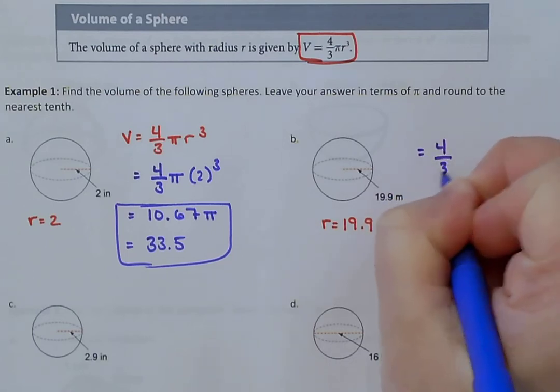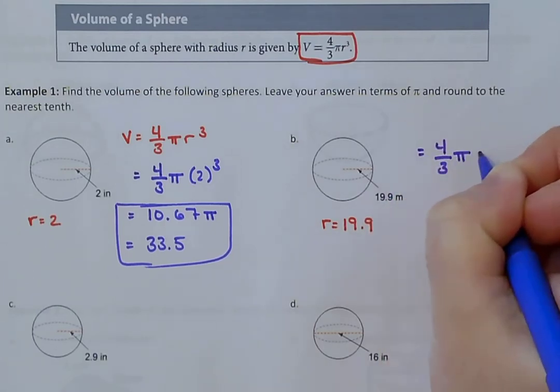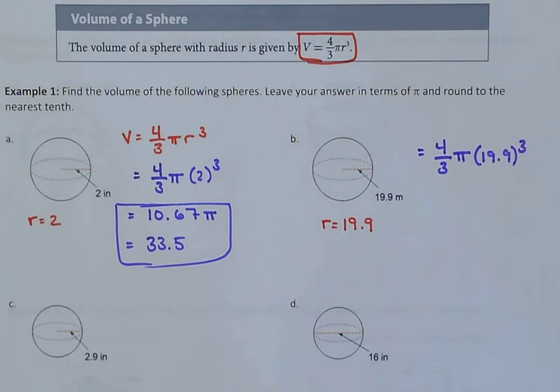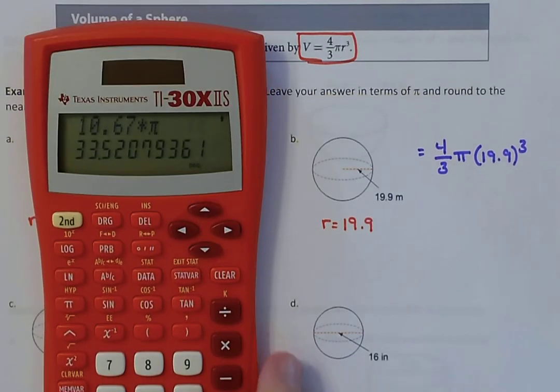we get 4/3 pi times 19.9 cubed. All we have to do is just calculate away. So we're going to do 19.9 to the power of 3, and we get this lovely fun number, which is 7,880.599.